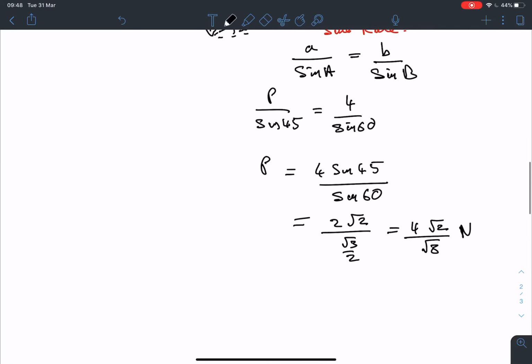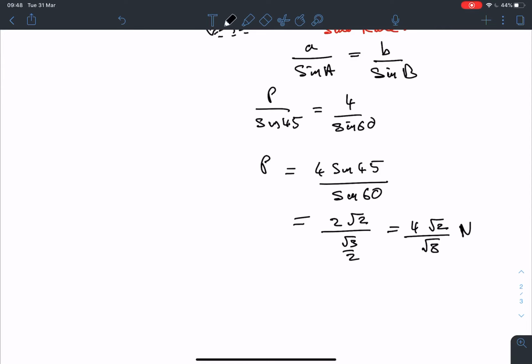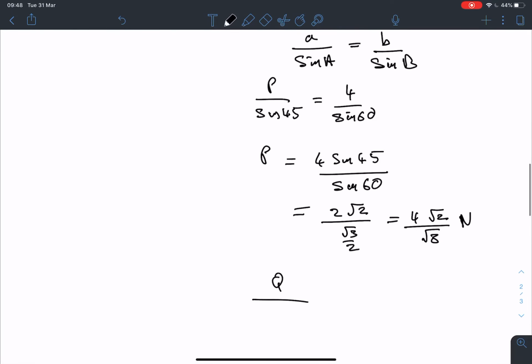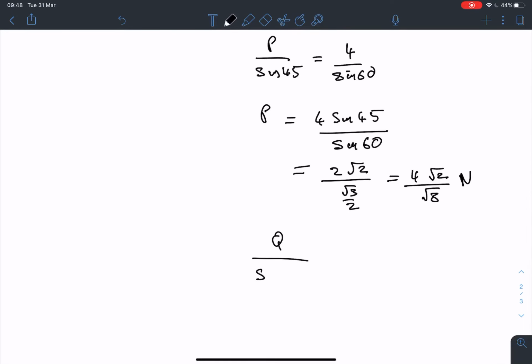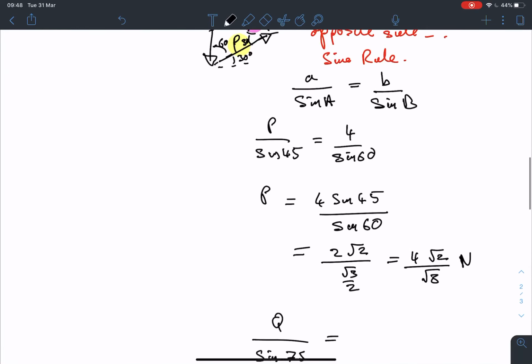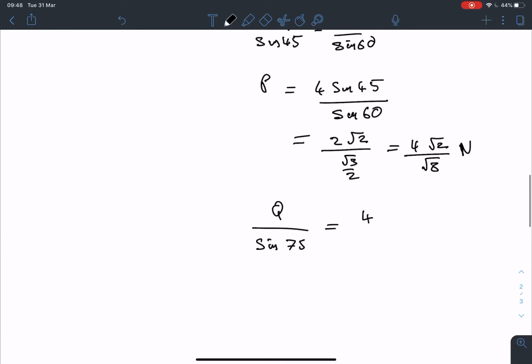Okay, and similarly for Q, we get Q over sine of 75, since 45 and 30 is 75, which is equal to 4 over sine 60.